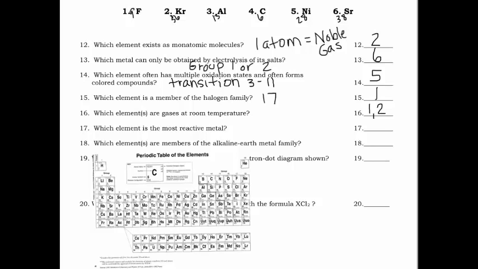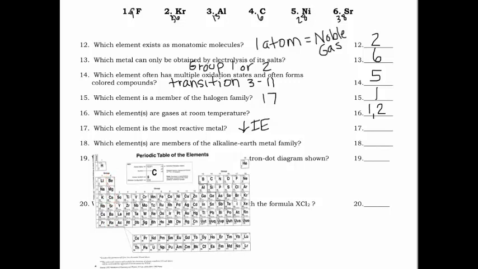Next question, which element is the most reactive metal? Well, you could memorize that metals have low ionization energies and then look up all of them and find the one with the lowest ionization energy. But since we're talking about chemical families, you could look at the fact that we know that the alkali metals are the most reactive, and then the alkaline earth would be the second most reactive.